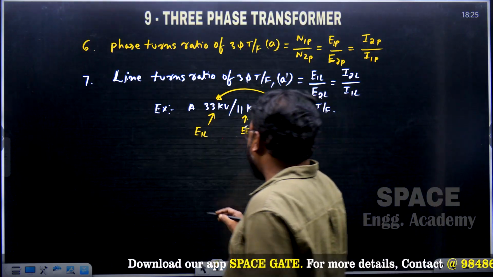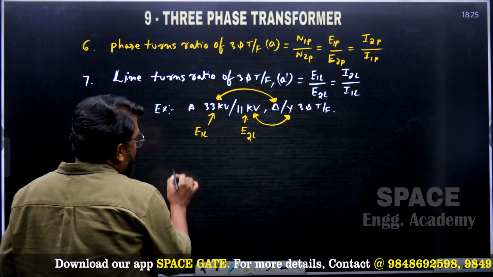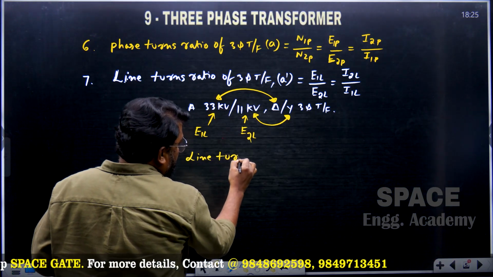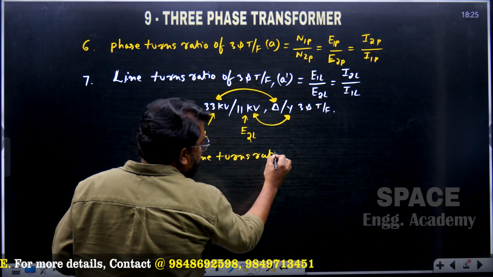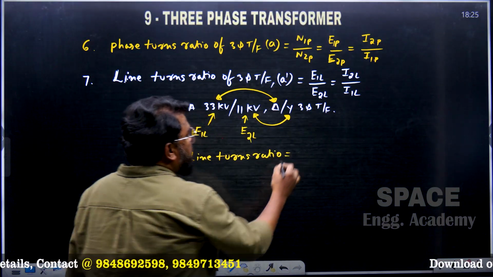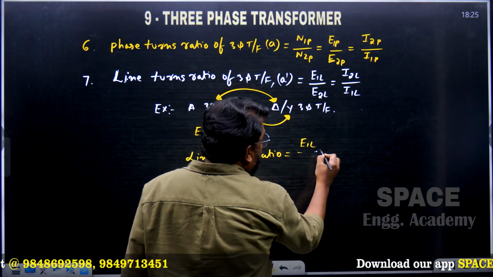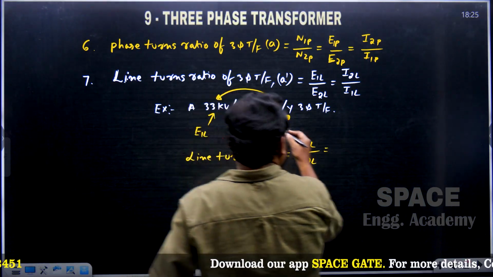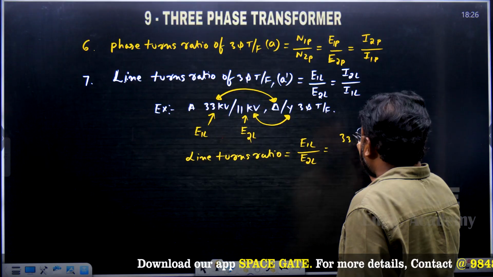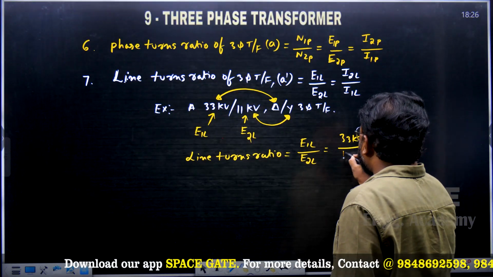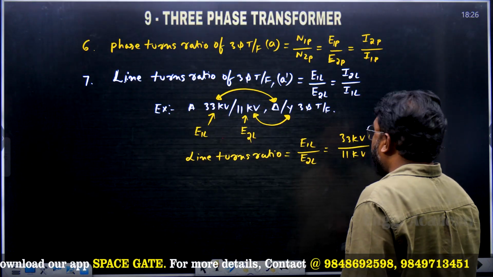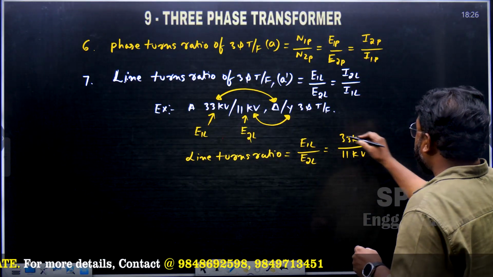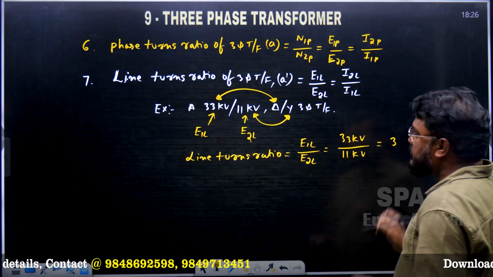If you want to find the line turns ratio, the turns ratio of the three-phase transformer is always E1L divided by E2L. E1L is equal to 33 kV and E2L is equal to 11 kV, so this value is equal to 3.